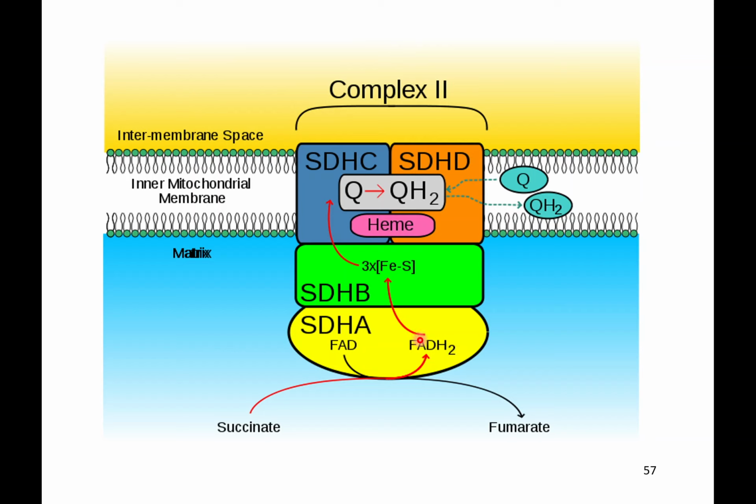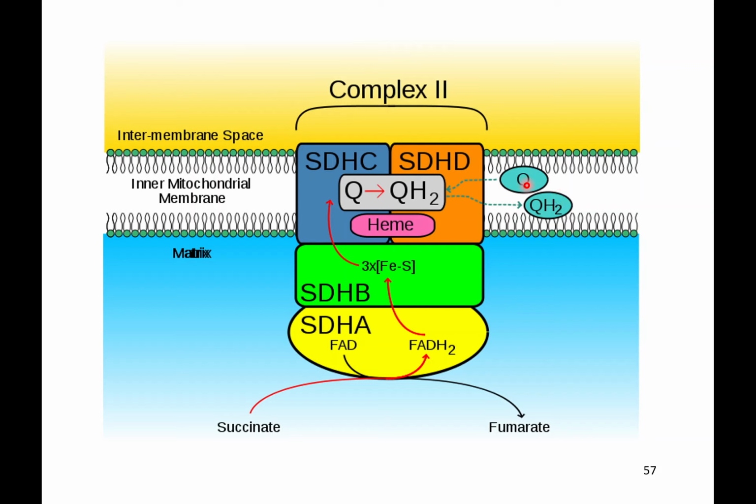The FADH2 then transfers its electrons through iron sulfur clusters and ultimately to what's known as ubiquinone. Ubiquinone can then transfer those electrons when it's reduced to QH2. So Q stands for ubiquinone.